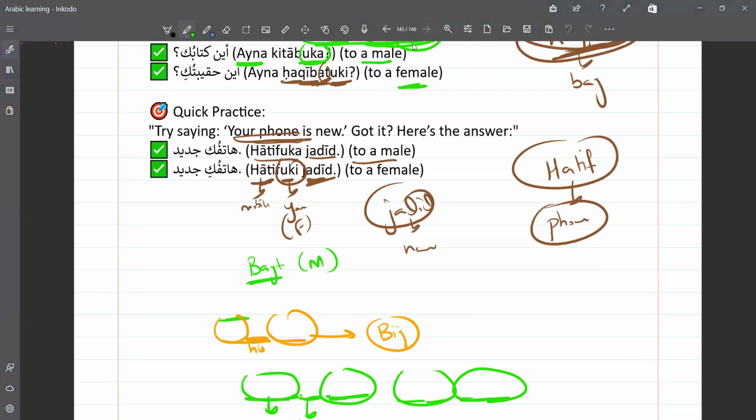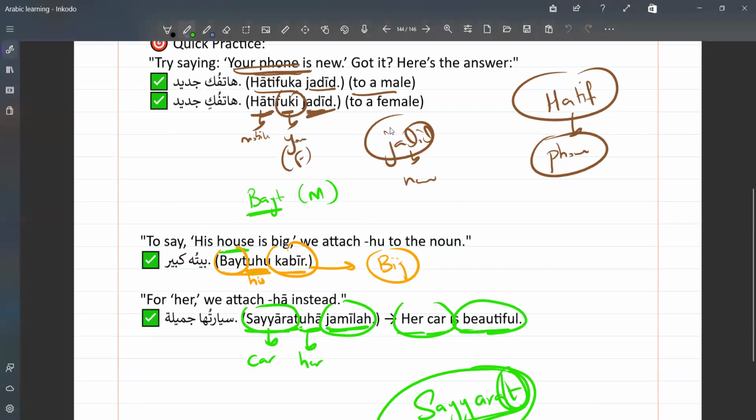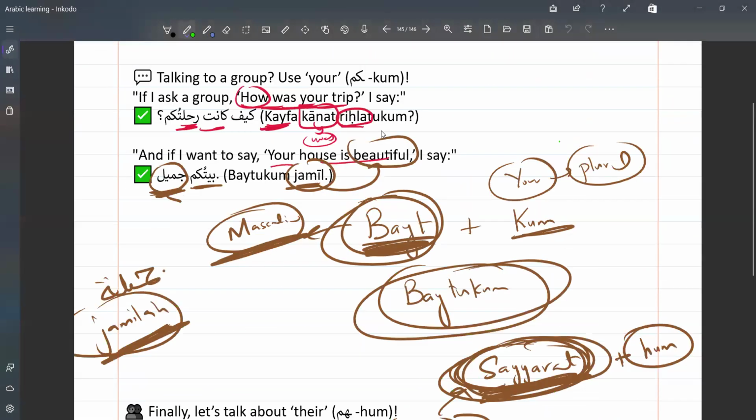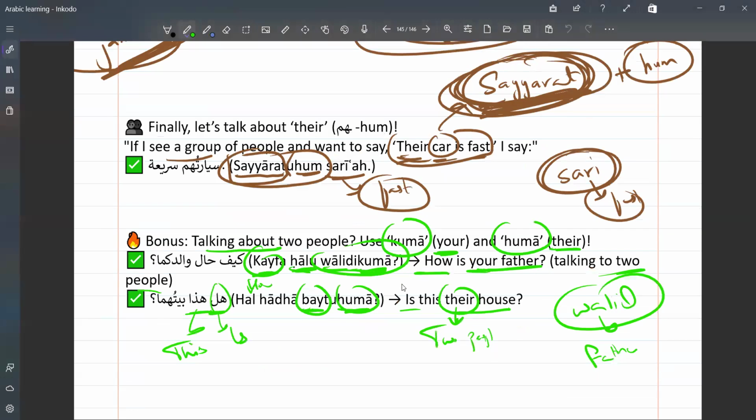And you have also learned the pronouns for referring to two people, that is kuma for your and huma for their. These two words are specifically used for referring to two people. Kuma means your, referring to two people, and huma means their, referring to two people.